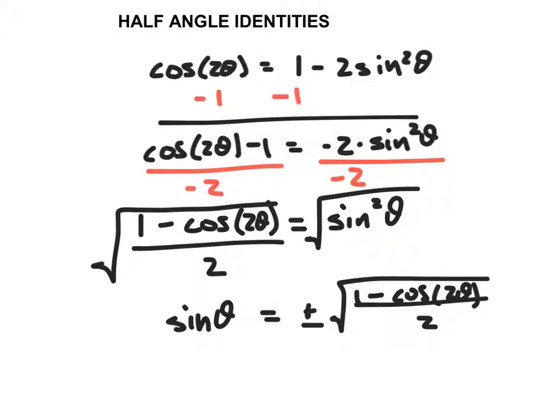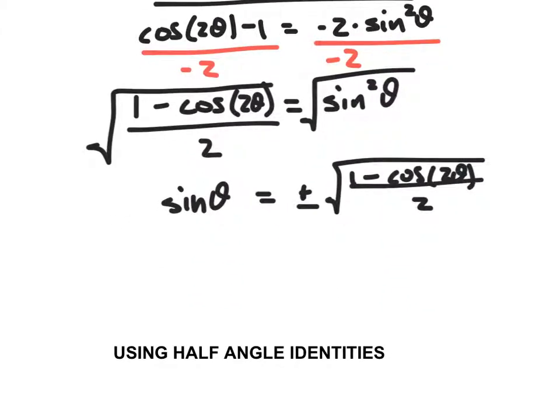Now, the reason why this is called the half angle identity is because if I take this angle here, theta, and divide this by 2, I also need to divide this guy by 2.